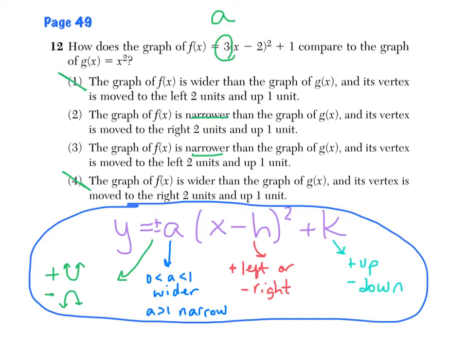In this case, we are minus 2, and so we are moving to the right. Between choice 2 and choice 3, right 2 units would be choice 2. Both of them say up 1 unit, and that's the last thing, at the very end. Adding or subtracting at the end is going to move up for positive, down for negative.